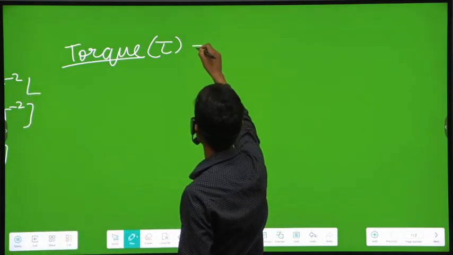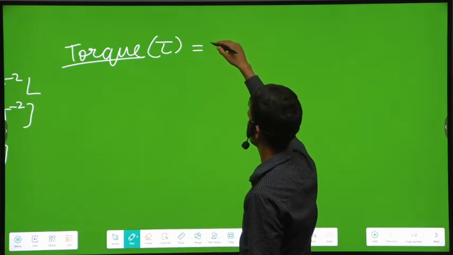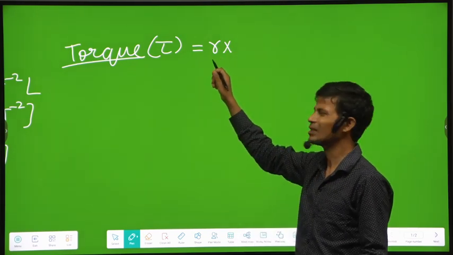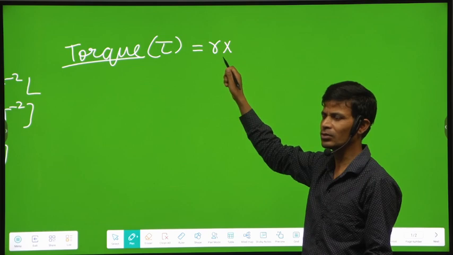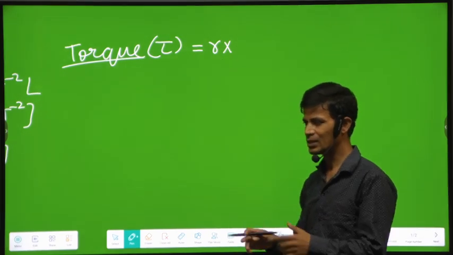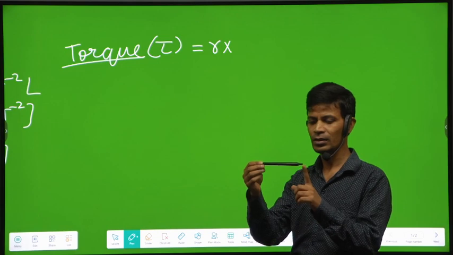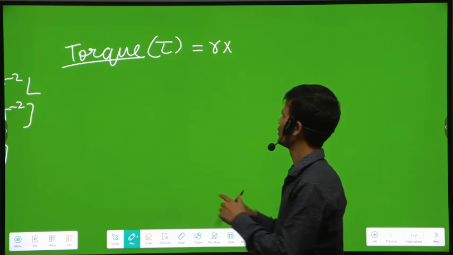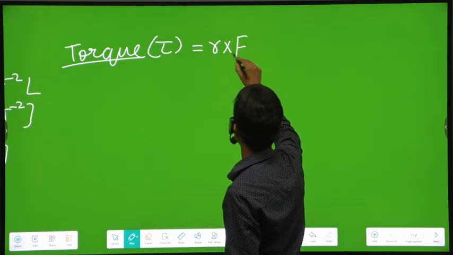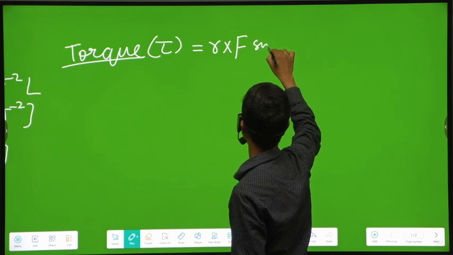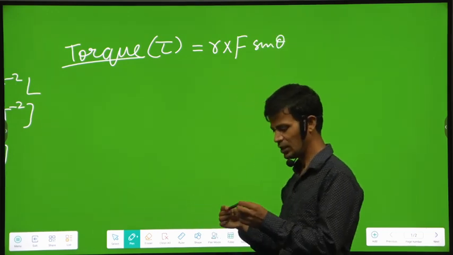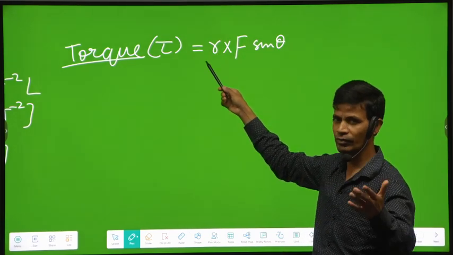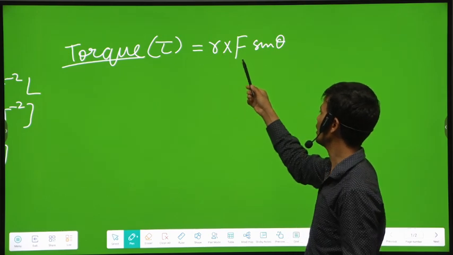So torque is equal to r, which looks like radius, but this is not a radius. It is just the distance between the point of application of force and the fixed point, multiplied by F sine theta. Theta is the angle between this r, which later on we will call position vector, and the force vector.